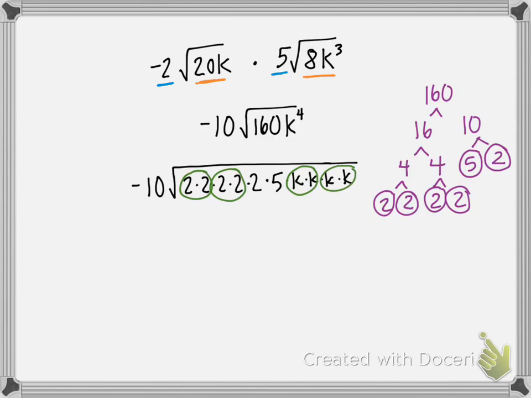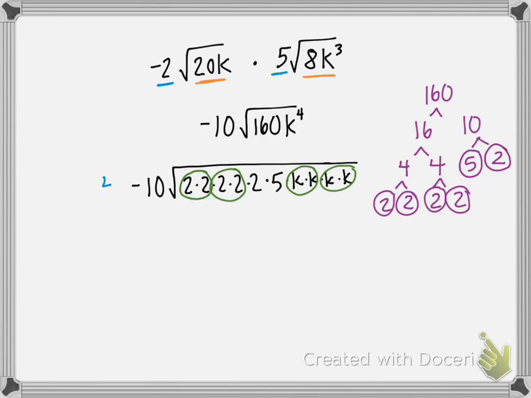Anytime we bring a number or a variable to the outside, we're going to be multiplying it by what's already there, which is a negative 10. There are two ways you could think of what's going to go on the outside with these two pairs. You could multiply all 4 numbers together, so 2 to the fourth, or 2 times 2 times 2 times 2, is 16, and the square root of 16 is 4.